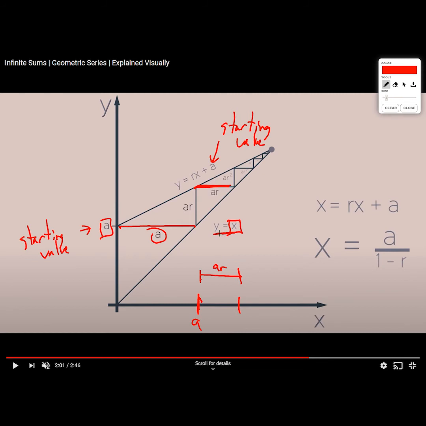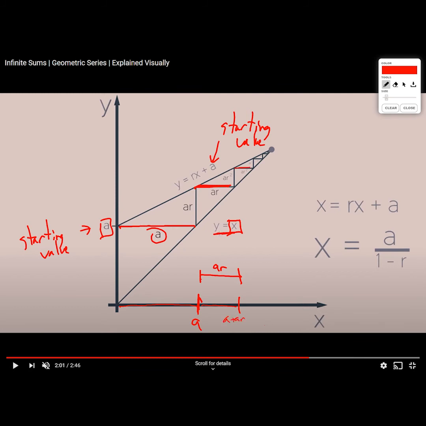Which means if you want to find the x value here, you would have to take this length plus this length, and you end up getting a plus ar, which I'm going to regret putting it over there that far, so I'm going to move where I wrote that ever so slightly to the left. So that's the point a plus ar.